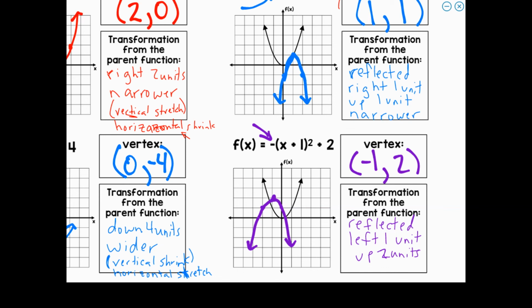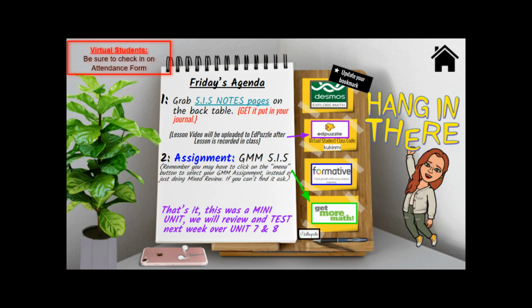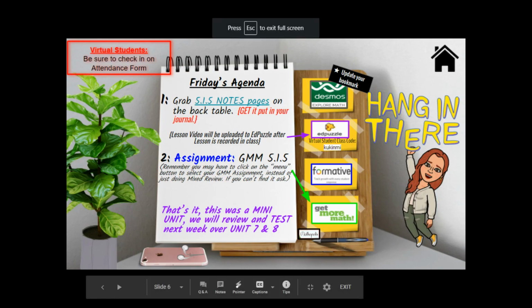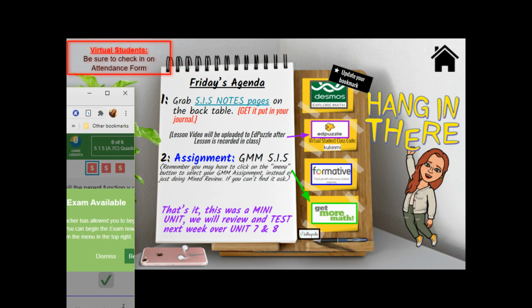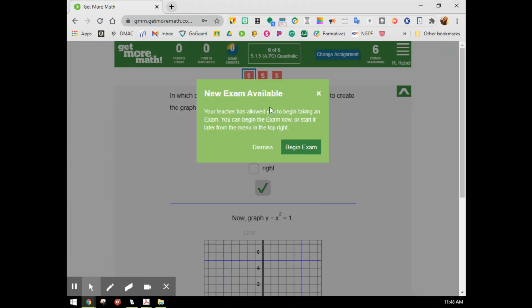What is it called again? How do you get there? So when you go to get more math, okay, is everybody done with these notes? Close that off. Okay. So in get more math, when you first open up, it should pop up like this. New exam.